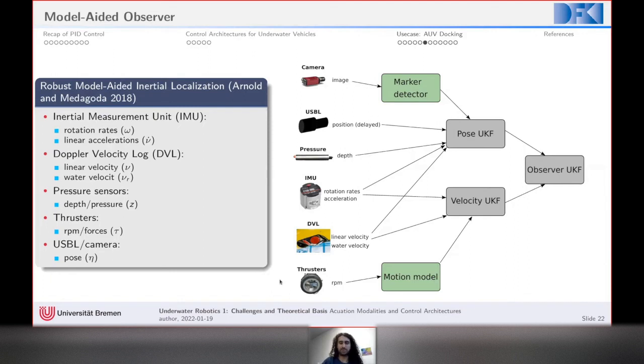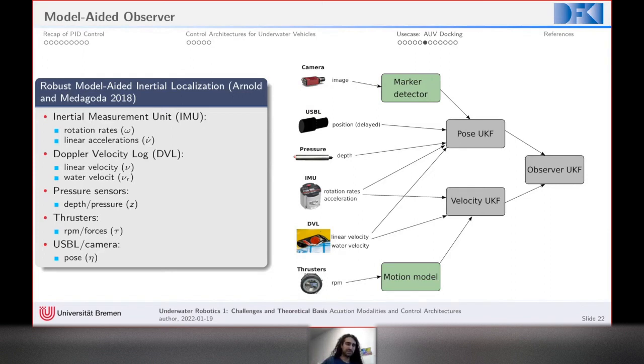And the last part is the thrusters of the vehicle. We can use the inverse of the control allocation, the thruster matrix, to calculate tau and then pass that to the motion model. Then in this Kalman filter, we propagate the states, which are in this case accelerations and velocities, plug them in the model, and use this as a measurement model as well.